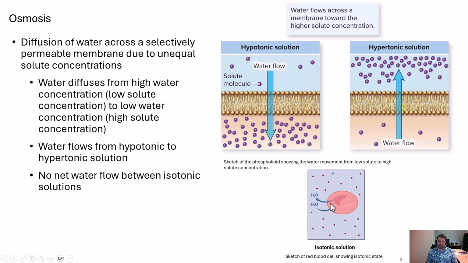This red blood cell is in an isotonic solution, indicating that water flows in and water flows out, and it maintains a constant, or as constant as possible, solution on the inside and the outside. So the solutes on the outside and the inside are nearly equal, and the water moves back and forth to keep that isotonic solution as stable as possible.